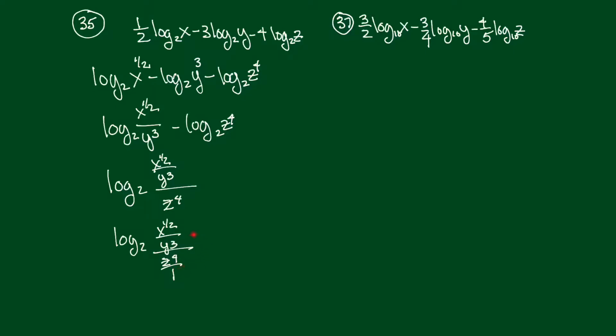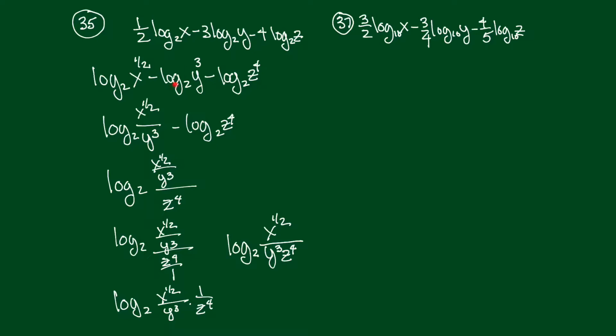You invert the divisor and multiply. So this becomes the log base 2 of x to the 1/2 over y cubed times, now instead of z to the 4th over 1, I will invert that, 1 over z to the 4th, and then when I multiply, I just multiply tops together, bottoms together. So this one comes out to be the log base 2 of x to the 1/2 over y to the 3rd, z to the 4th.